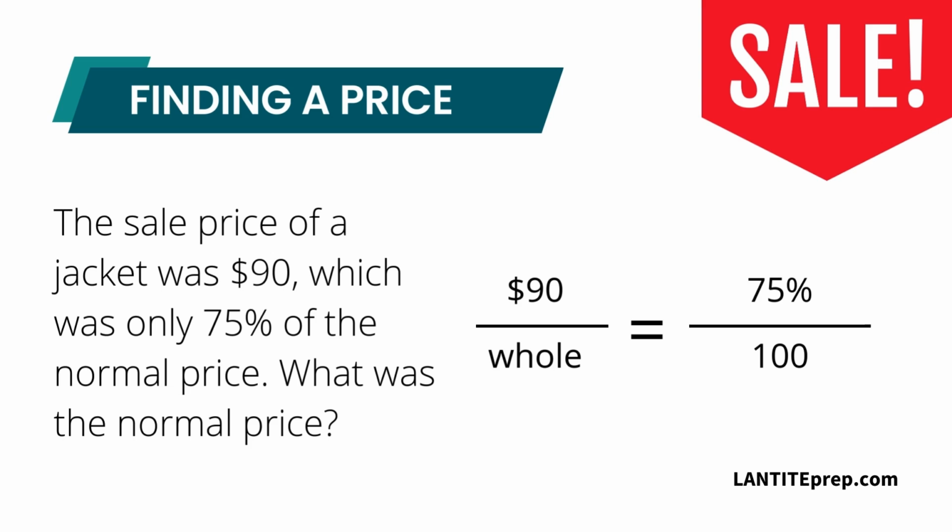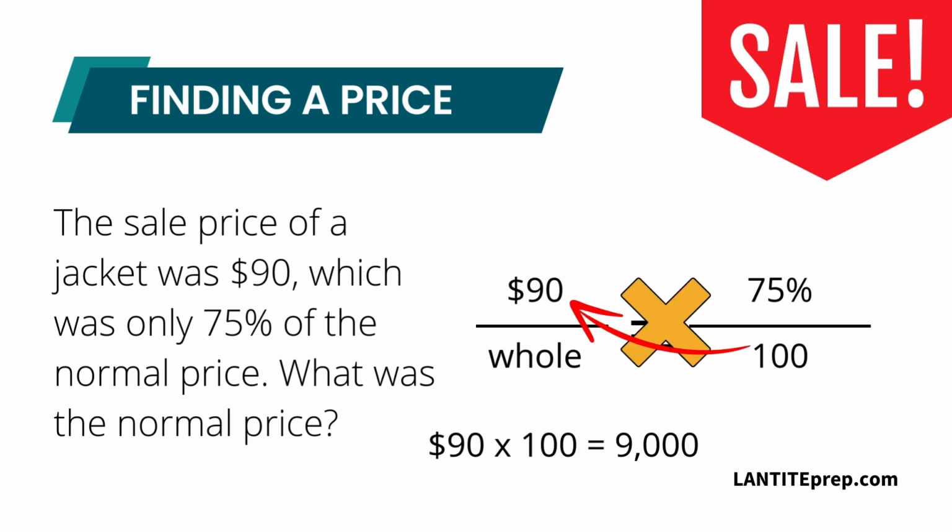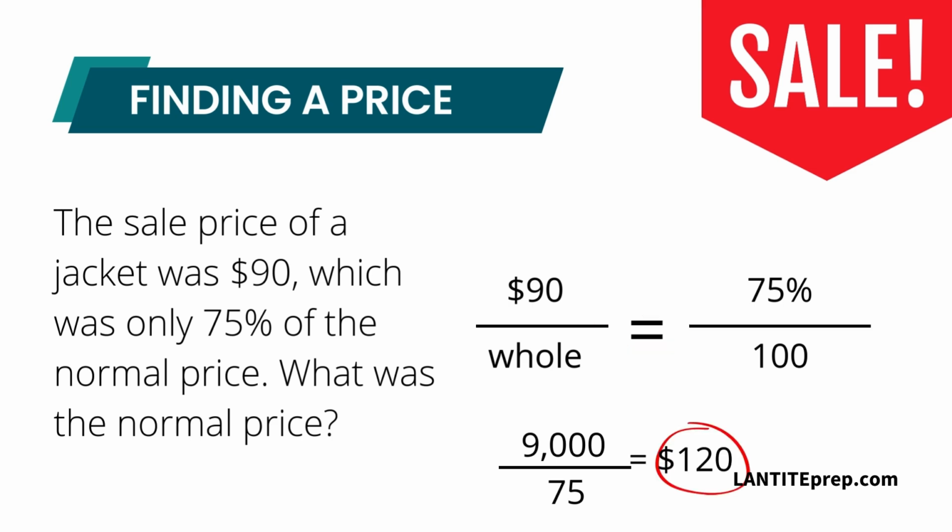Put the sale price over the unknown factor and the percent over 100. Next, multiply across the known corners, which are 90 and 100, giving us 9,000. Then divide by the third number. In this case, that's 75, which will give us our unknown value of the normal price, which is $120. Wonderful job with that problem.